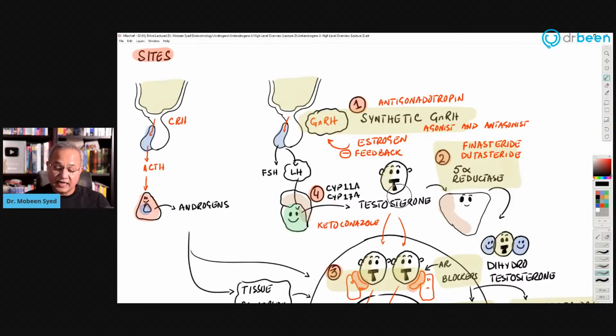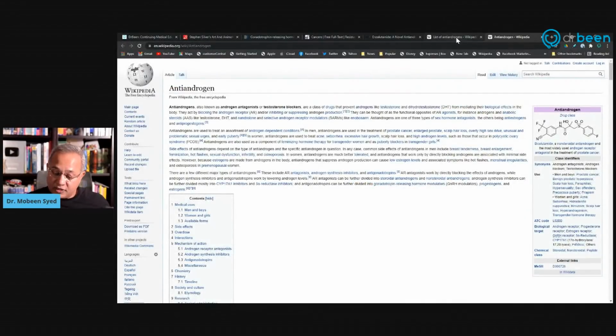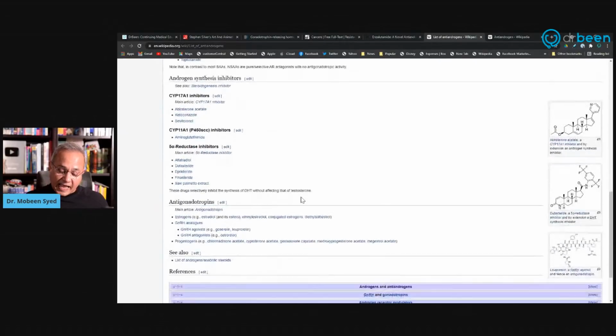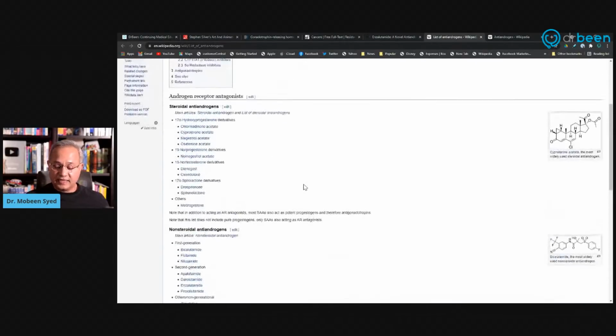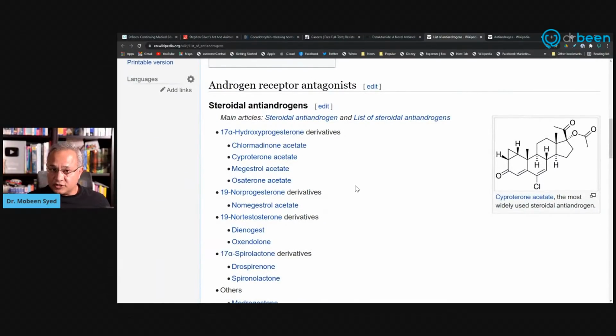So as you can tell, that anti-androgenic function overall, and I have not actually gone through every single drug. If I can just very quickly show you, if you go in here and look at the list of drugs, these are all the drugs in various classes. And every one of them has a different dosage, different distribution, metabolism, and different side effects.